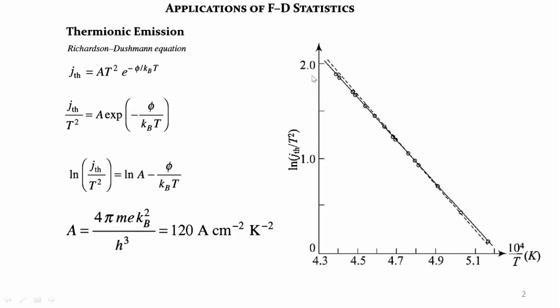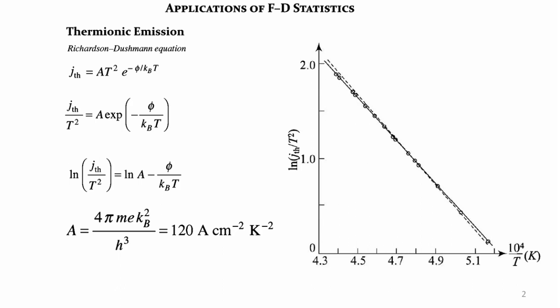So that's what we are going to see for any typical example of a metal. This is 1 by T plotted on the x-axis.